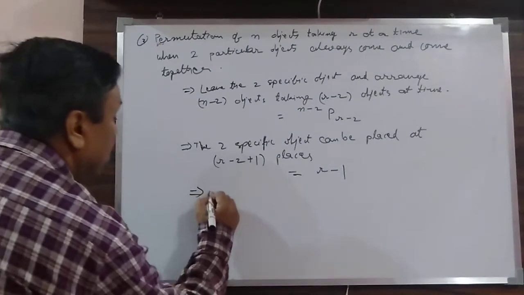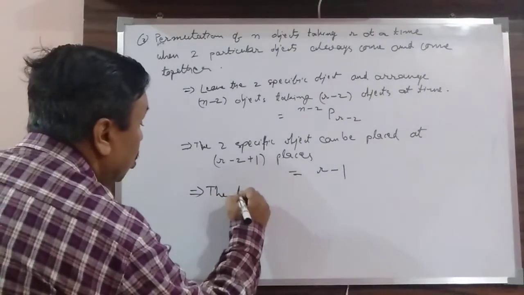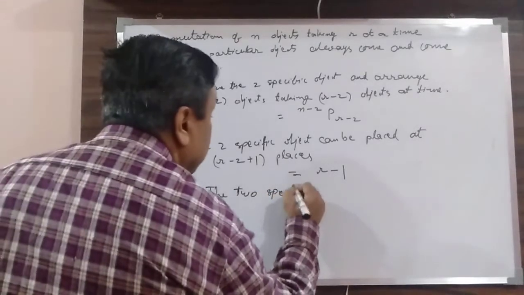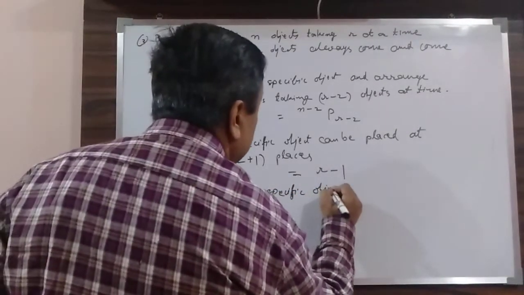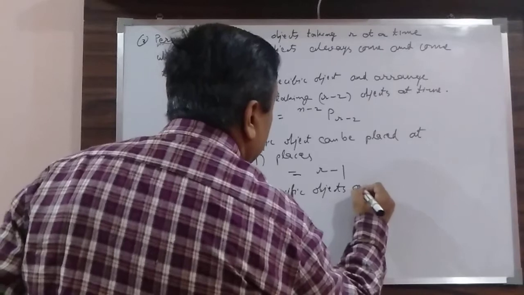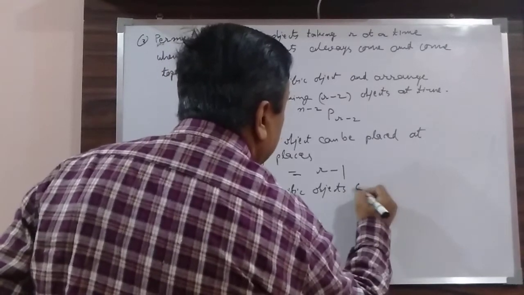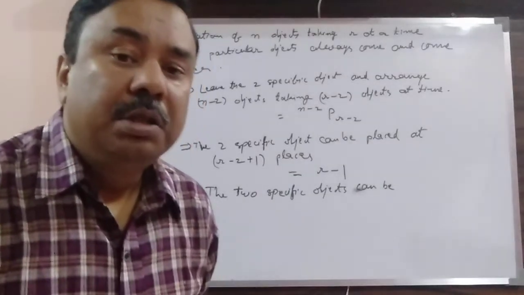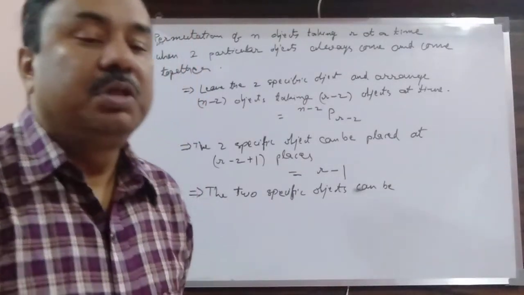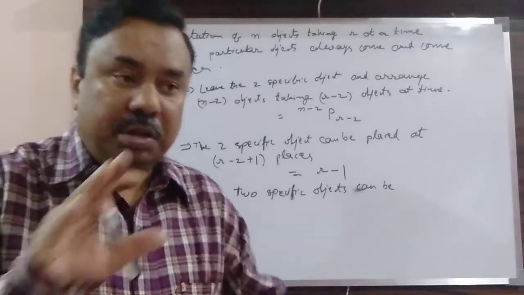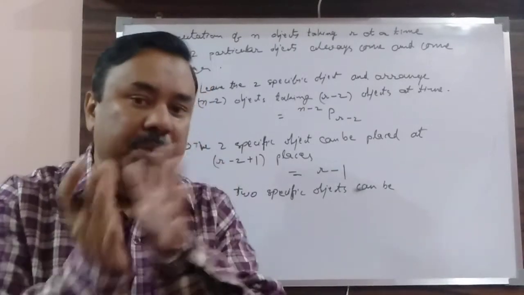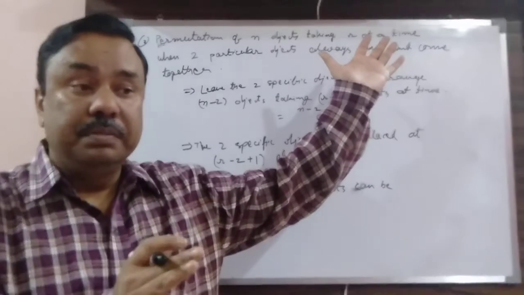The third thing, the two specific objects can be arranged between themselves also. It is just given that they two will be together, but which will be first and which will be second, it is not given in the question.